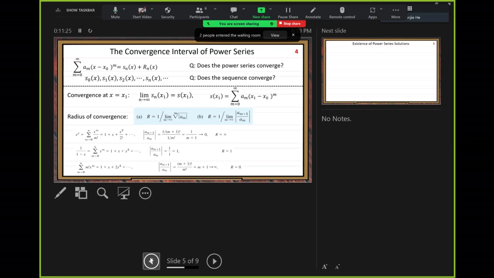Here you can see with these three examples, the top one is the best case, everywhere convergent. The bottom one is the worst case, everywhere divergent. The one in the middle is the ordinary case. You have a certain convergence interval.